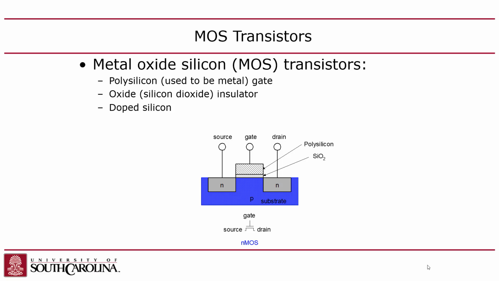They stopped using metal for that a long time ago. Now they use something called polysilicon, which is silicon that's highly doped. It's what they make solar panels out of, polysilicon, solar panel material. Why did they switch from metal to poly? I don't know. It worked better somehow, right?